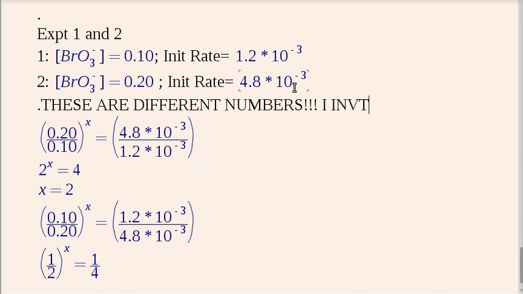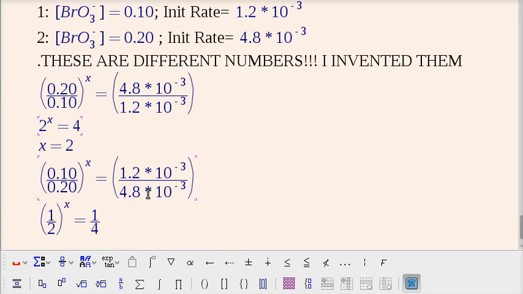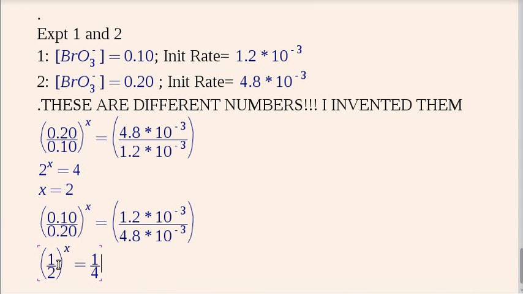I invented them. So in this invented case, you get x equals 2, because 2 to the power of 2 is 4. And it's a little bit less obvious with the fractions, but it is still true.